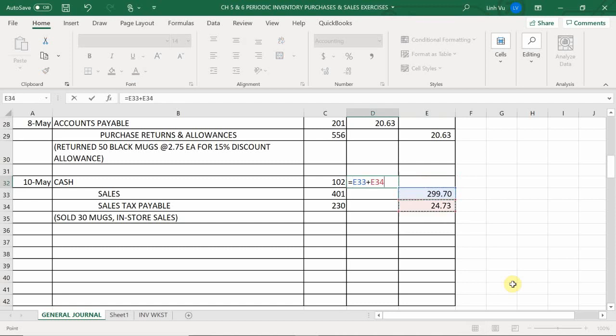So what's my total cash I'm going to receive? $324.43. Good.